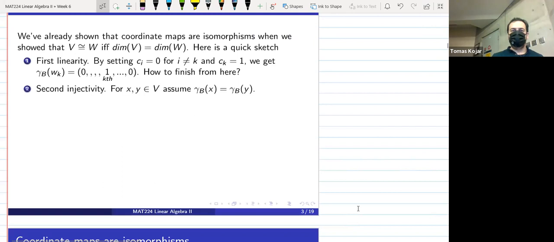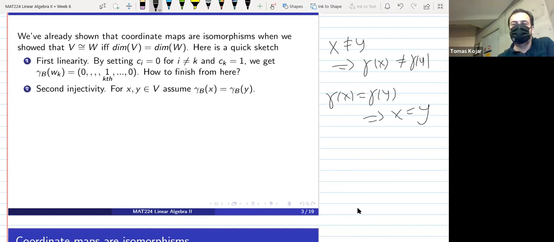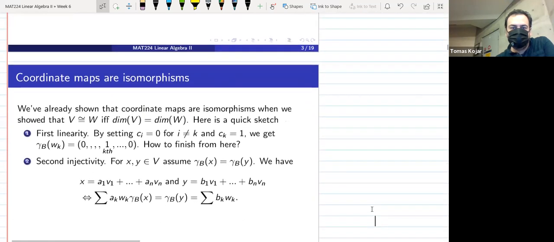So for injectivity, there are two ways to do this. Either you go by x not equal to y and prove gamma x is not equal to gamma y, or you do the contrapositive: you assume they're equal and then you prove that x and y are equal. Did I have a question here?